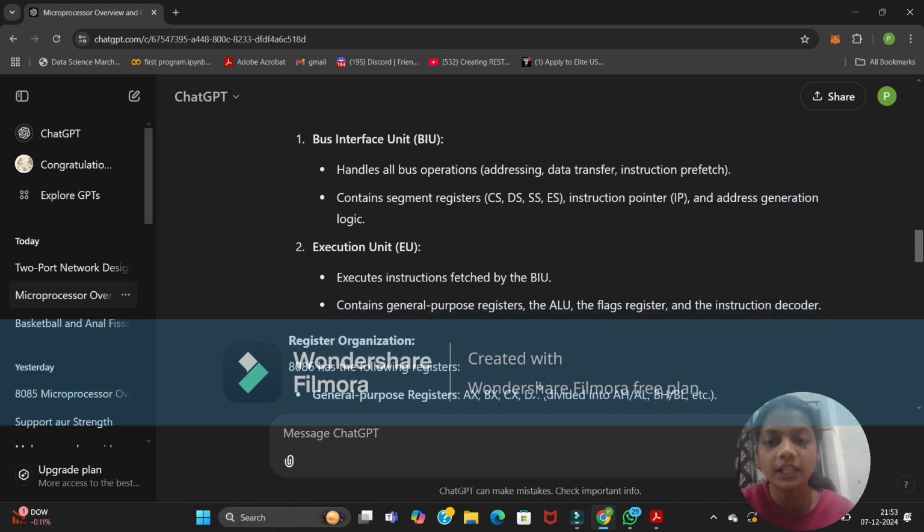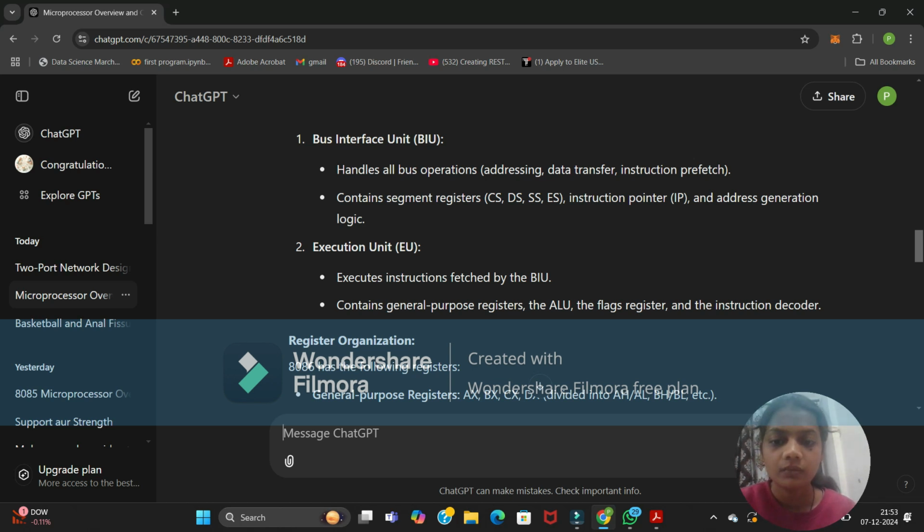The execution unit is responsible for the execution of instructions fetched by the BIU. So BIU fetches the data, and the execution unit executes it.